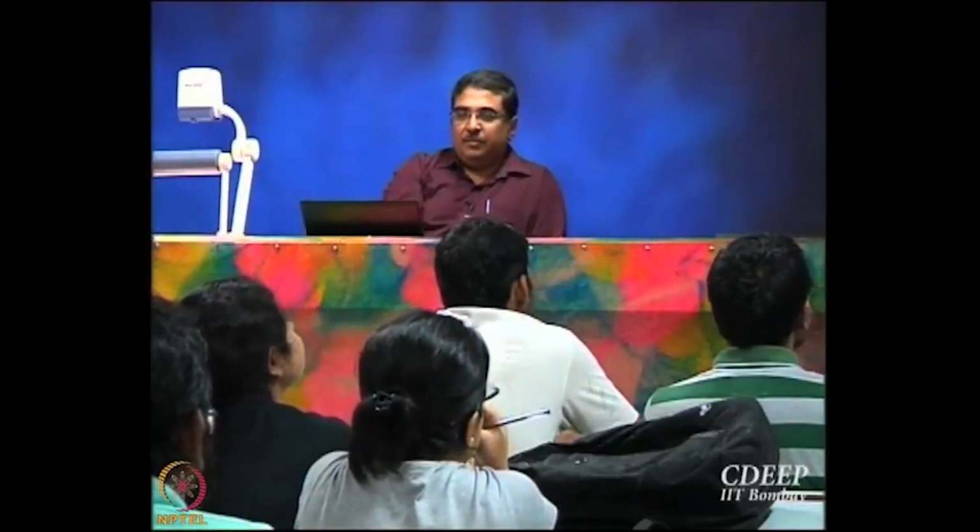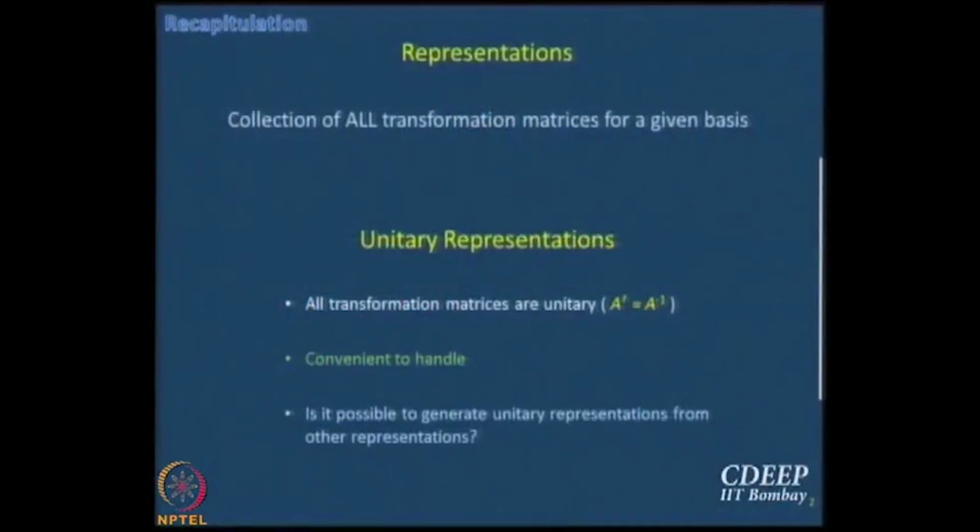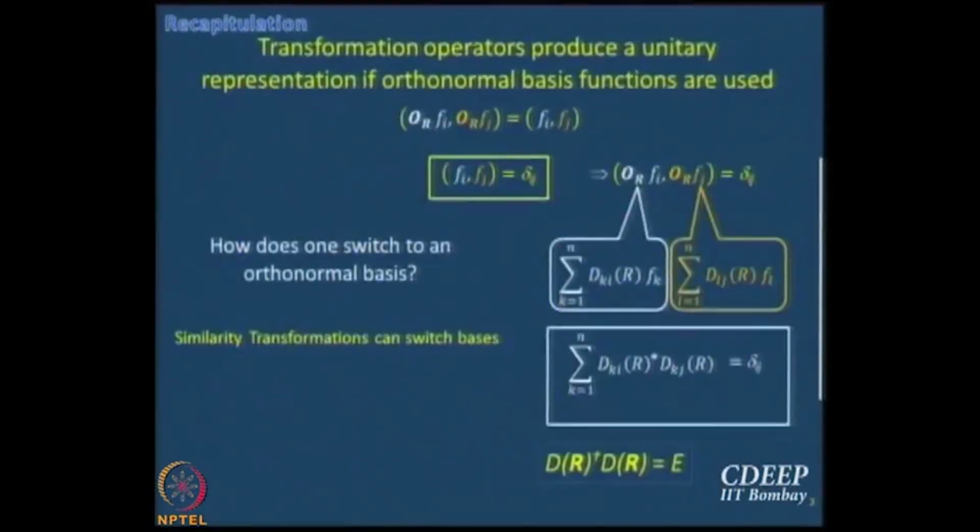Okay. Now, the question that we now ask is, is it possible to generate unitary representations from other representations? And when you ask that question, the background is already built, because you know that unitary representations or unitary matrices are associated with orthonormal basis functions, right.